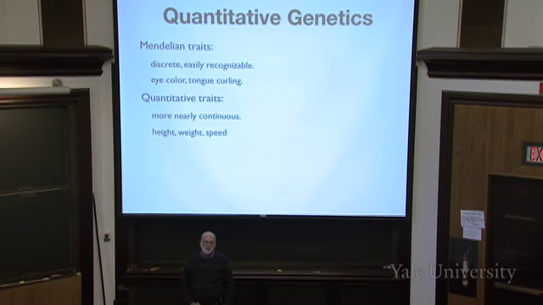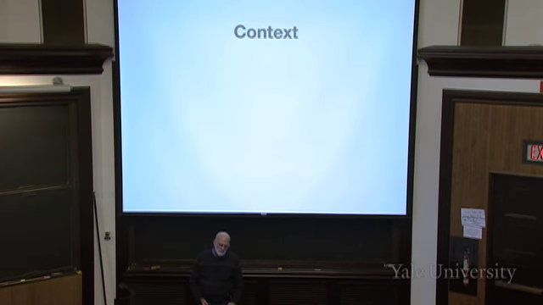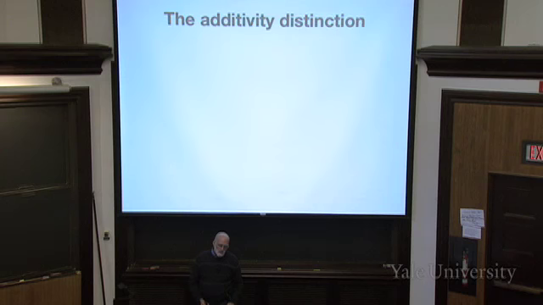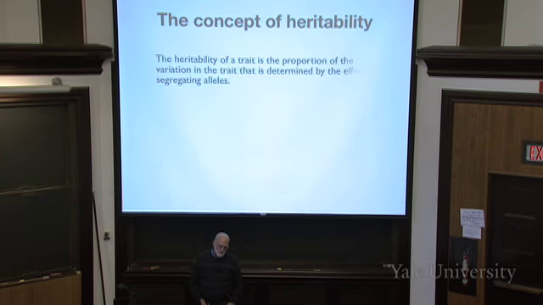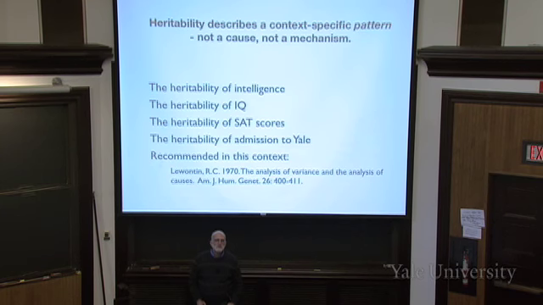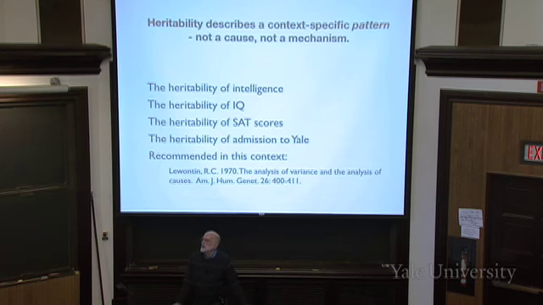I do want to indicate as potential paper topics, though, that quantitative genetics has some of the most interesting questions that we encounter in evolutionary biology, and that it includes questions like the heritability of intelligence, the heritability of SAT scores. Those are all things where the apparatus you need to analyze the issue is given to you by quantitative genetics.